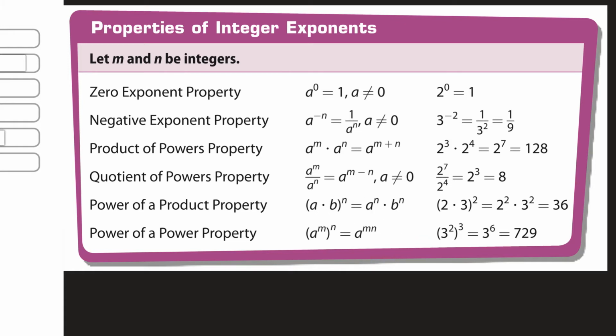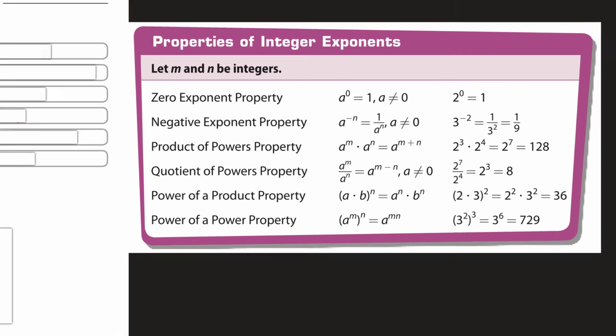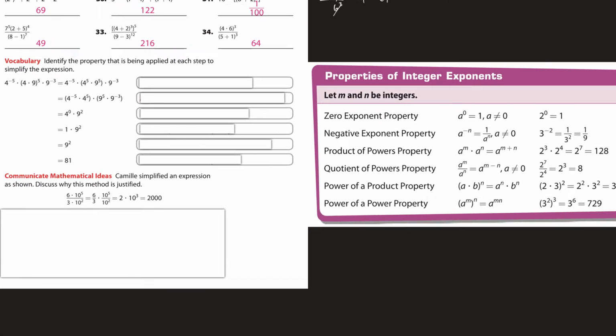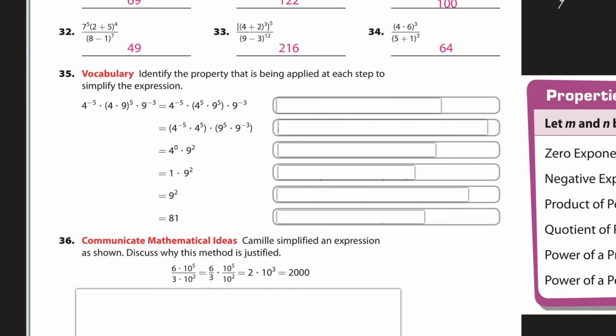I've done these in all the previous ones. In power of a power, this is where you can multiply the two exponents: 2 to the 3 squared to the third power is 2 to the 6, so 2 times 3 is 6, and so on. I went fast through that, but that's in your textbook. But what we need to do is see what allowed them to go from one step to the next. And so we have -5. Okay, that didn't change.